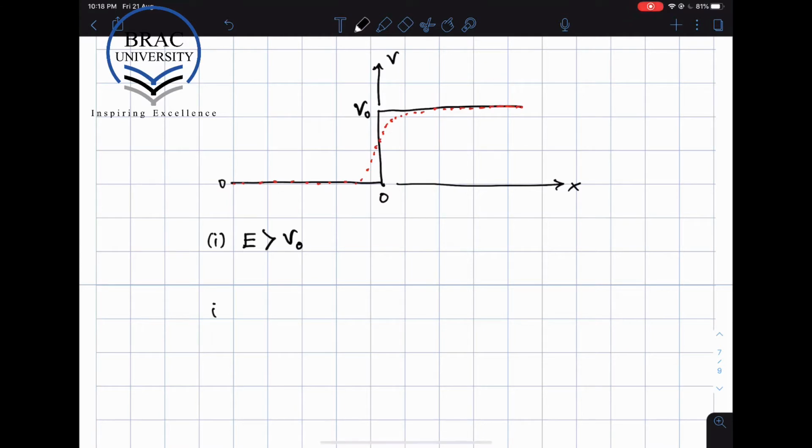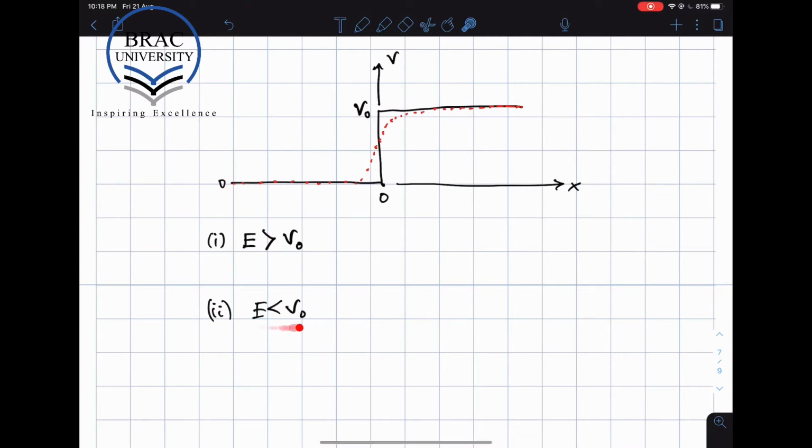And in the second case, where E is less than v0, we would expect the particle to come up, and its kinetic energy would be transformed into potential energy, but its kinetic energy would not be enough to overcome the potential barrier, so it'll turn back and bounce back.